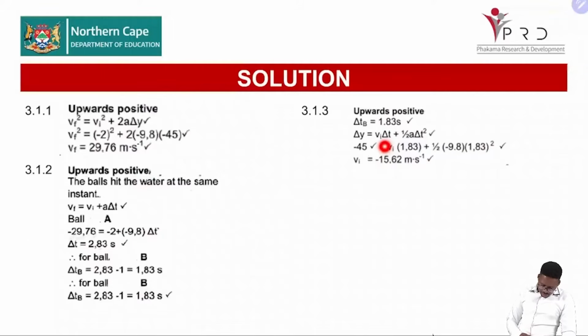So our Vf already we know is 29,76. Our Vi is minus 2 plus minus 9,8 change in time. So the time there for ball A is 2,83. And then they are saying after 1 second. So that is why you must say 2,83 minus 1, which will give you 1,83 seconds.